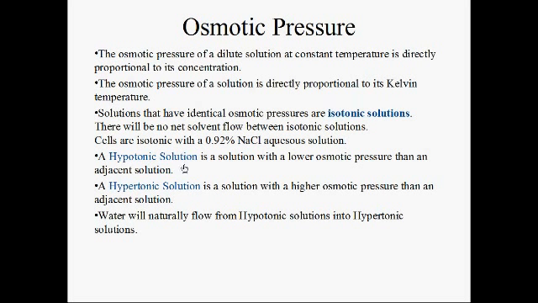If the solutions are not isotonic, they are different concentrations. The one with the lower osmotic pressure is the hypotonic solution, and the one with the higher osmotic pressure is the hypertonic solution. And the solvent will naturally flow from the hypotonic into the hypertonic, and it will continue to do so, if possible, until they are isotonic.